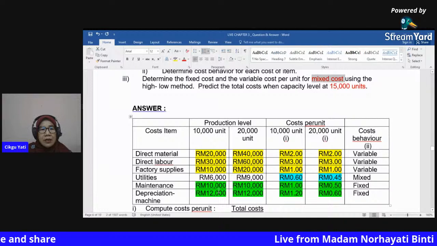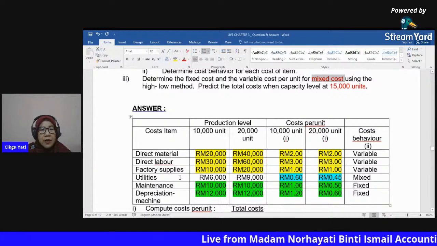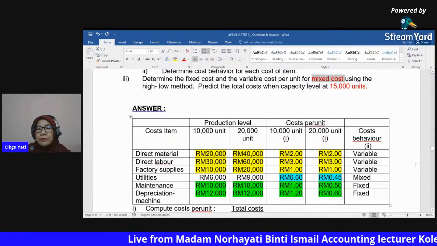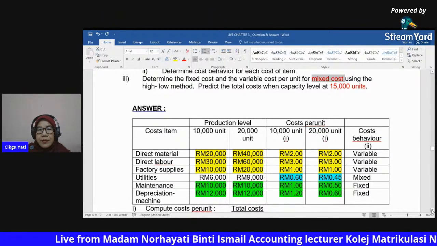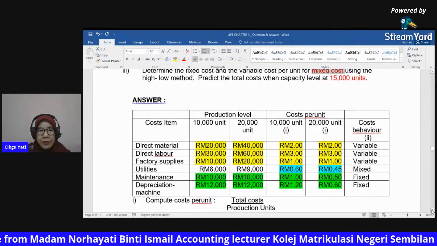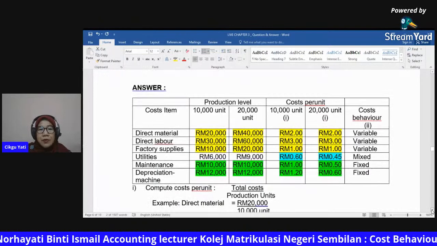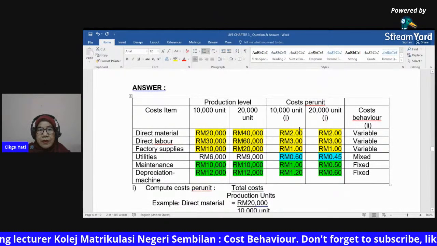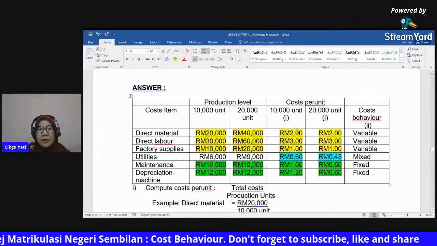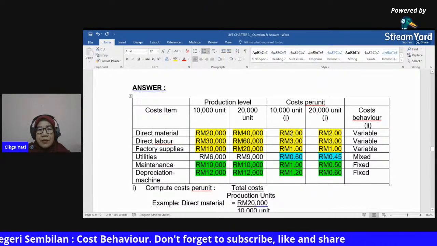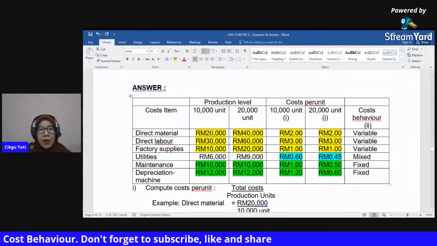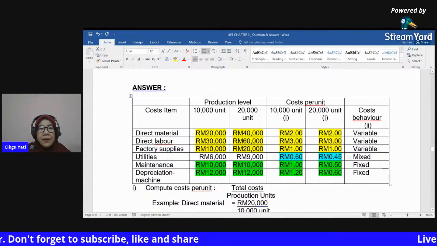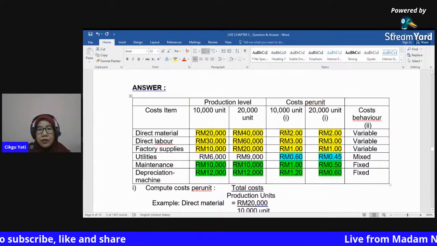Okay, we look at the utilities. This is mixed cost. You have to segregate into variable cost and fixed cost. How to calculate? This is the step to calculate cost per unit. You get 2 ringgit: 20,000 divided by 10,000 gives 2.